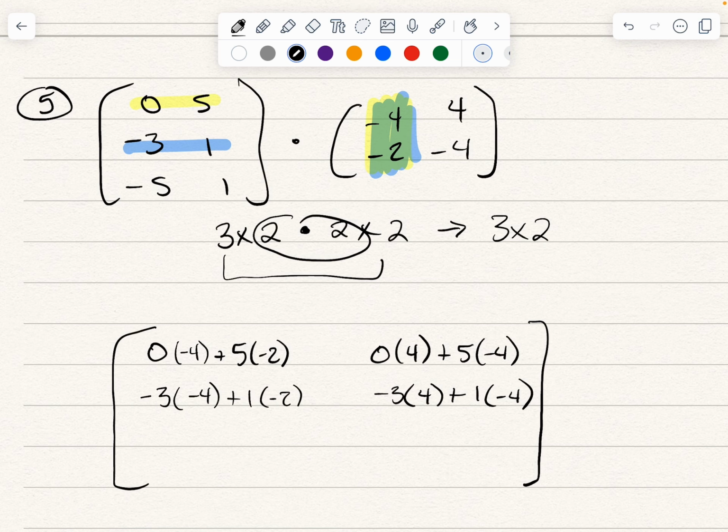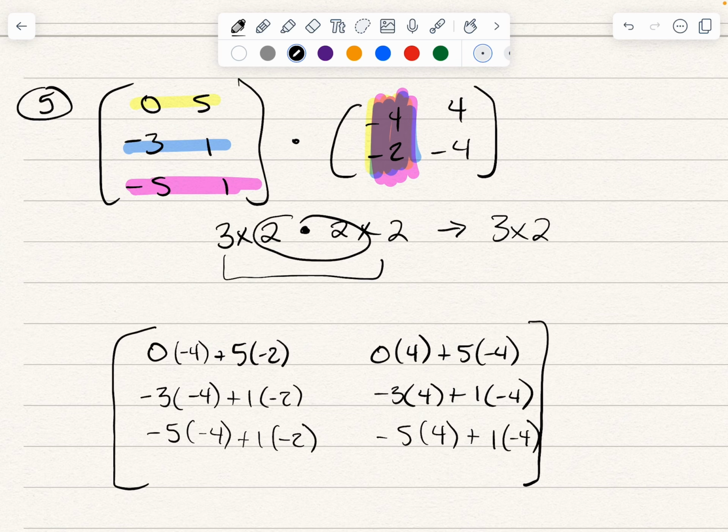And then lastly, we got to move to our row 3 by column 1. So that's going to give me negative 5 times negative 4 plus 1 times negative 2. And then negative 5 times positive 4 plus 1 times negative 4.